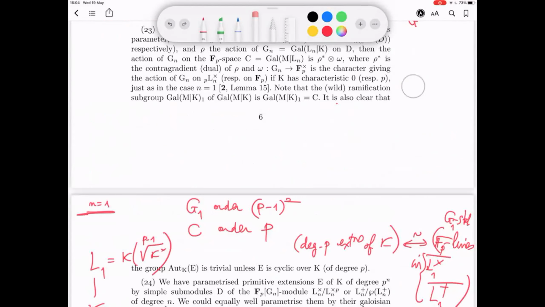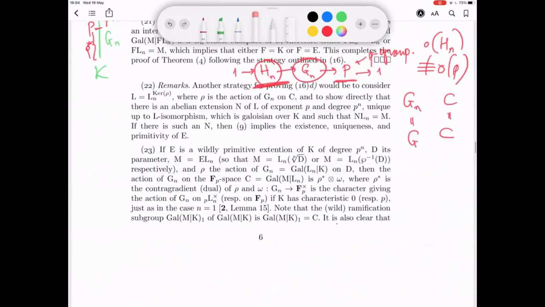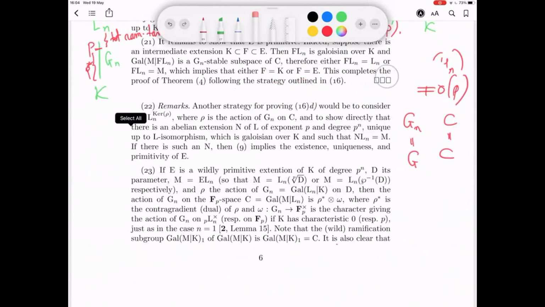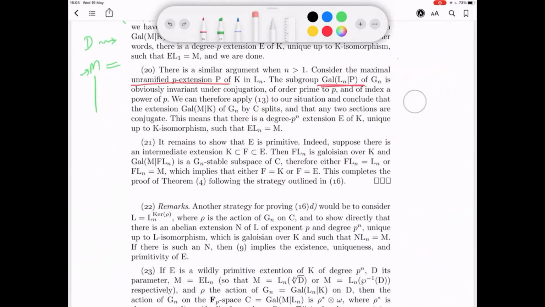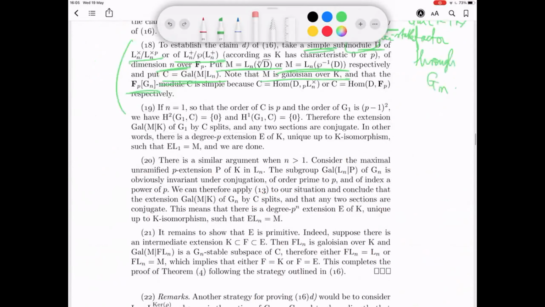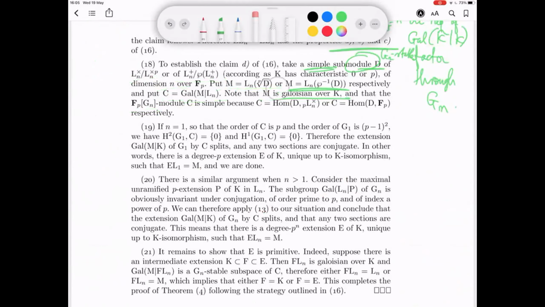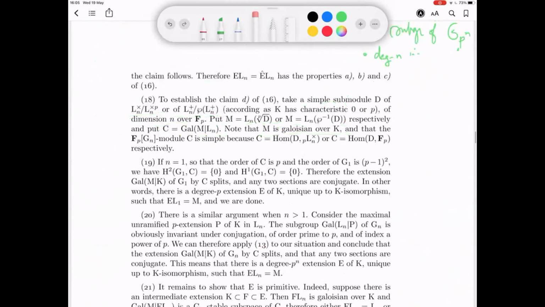The vanishing of H1 and H2 doesn't follow immediately from Schur-Zassenhaus, but it follows from Schur-Zassenhaus if you take into account the inflation-restriction sequences. And that's what we have used. Okay, so that completes the proof.